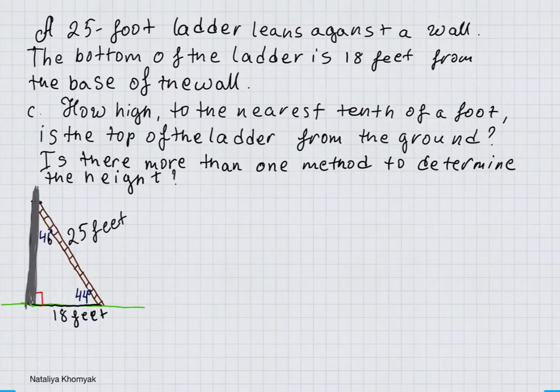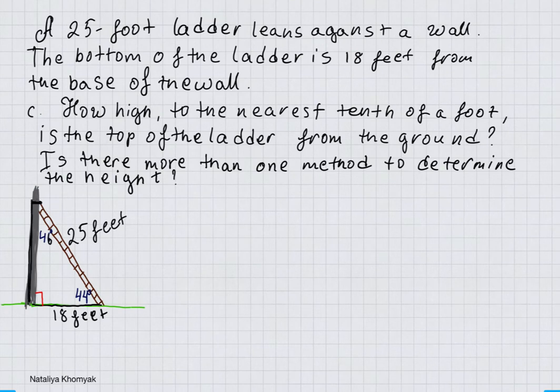Alright, the last part of the question is asking us how high, to the nearest tenth of a foot, is the top of the ladder from the ground. Is there more than one method to determine the height? Yes, there is. So we are looking for this top of where the ladder is reaching, this wall.